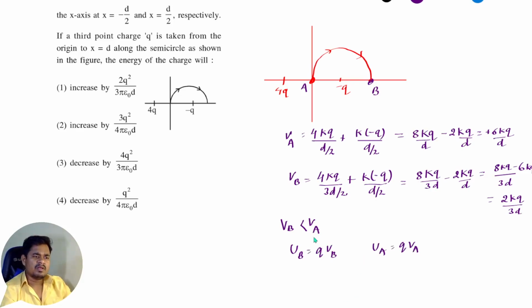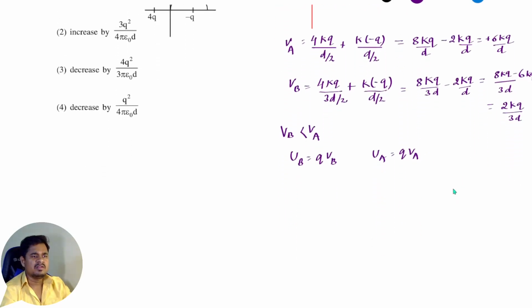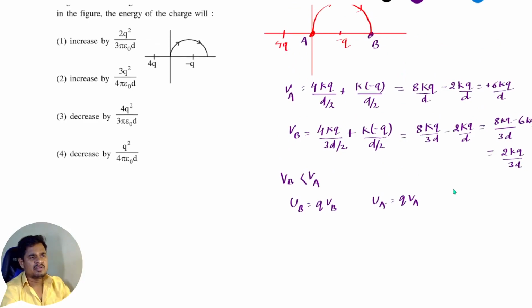So you can say that at A the energy of the charge is greater as compared to B. So when it is going from A to B, the energy is decreasing. And by how much amount is the energy decreasing here? Delta U will be UA minus UB. By this much amount the energy is decreased. So q times VA minus VB.